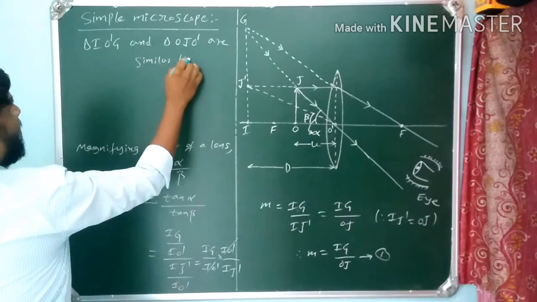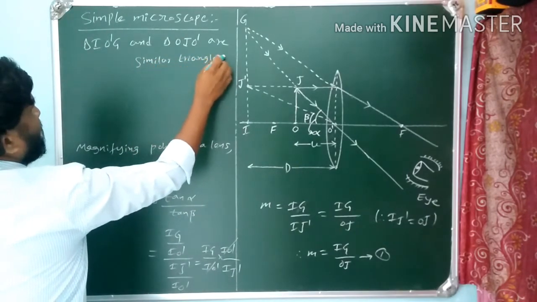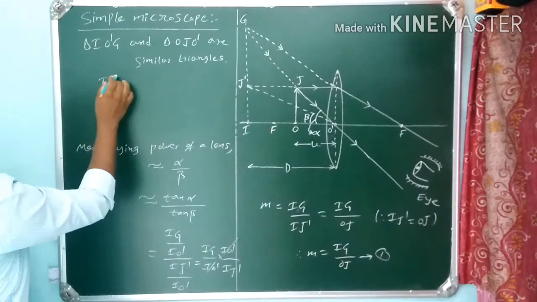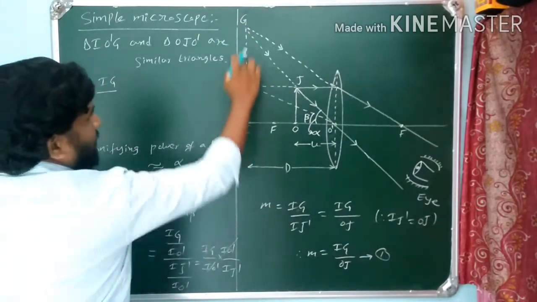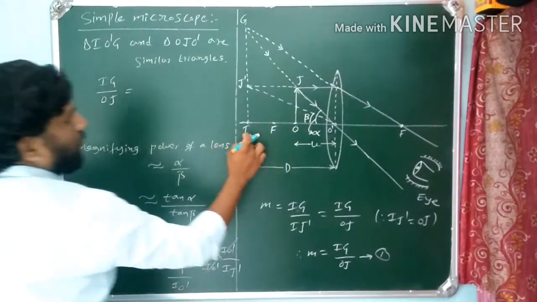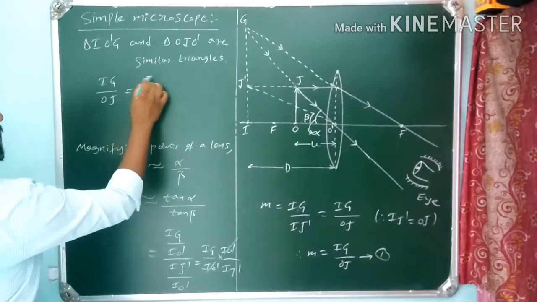Therefore, the corresponding sides are proportional. That is, IG by OJ is equal to IO dash by OO dash.